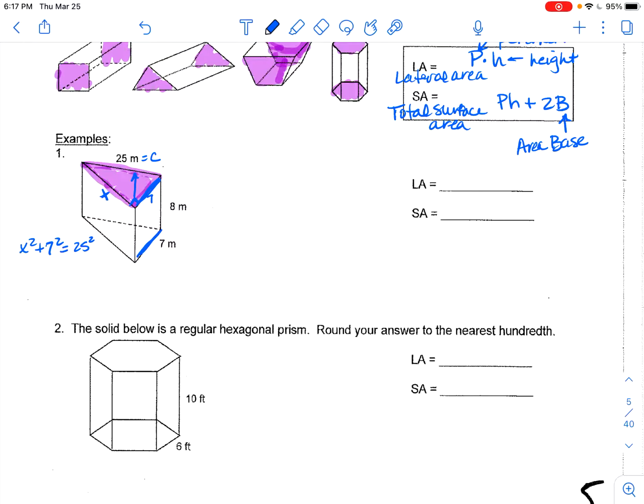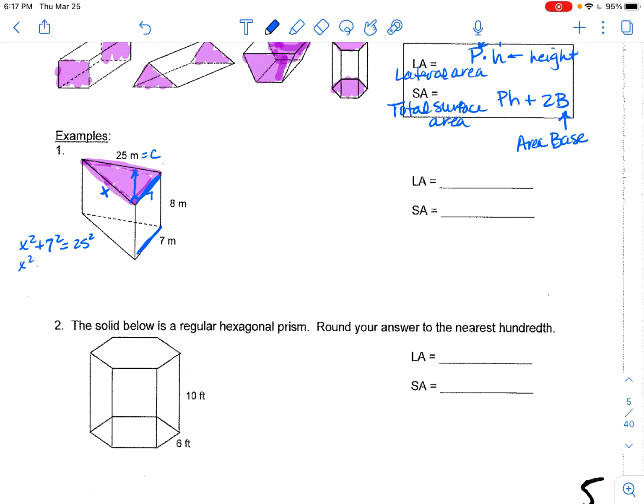If I work this out, x squared is equal to 625 minus 49. x is going to equal the square root of 576. If I subtract 49 from 625 and then take the square root, it's going to be 576. And x is equal to 24.